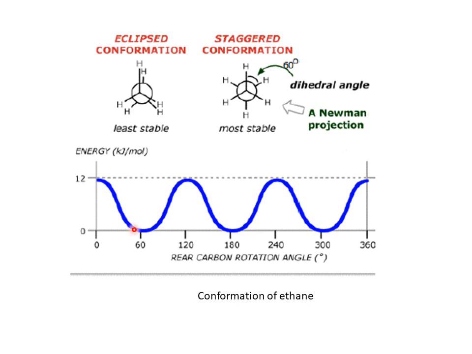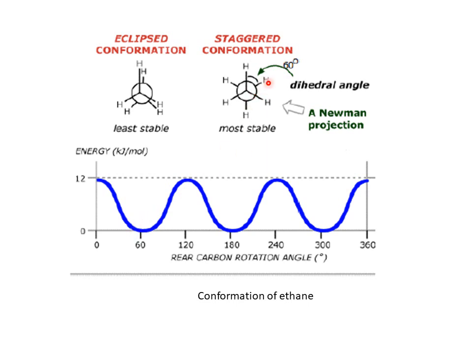This is dihedral angle 0. When the dihedral angle becomes 60 degrees, we get the minimum energy or staggered conformation. Based on the dihedral angle we can draw this potential energy diagram.